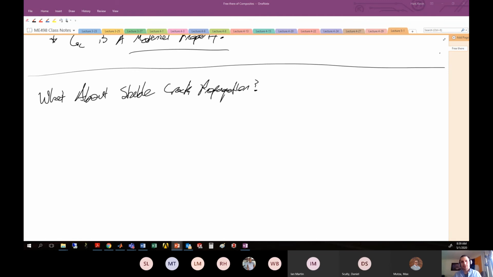So if you have stable crack propagation, what's going to happen is you're going to load up your sample, load up your sample, load up your sample. And instead of having these discrete failure events, bang, bang, bang, where the crack jumps a noticeably large amount, you're going to load this up, and the crack is only going to move a little bit at a time, almost small enough where you can't even tell that the crack is moving, okay?